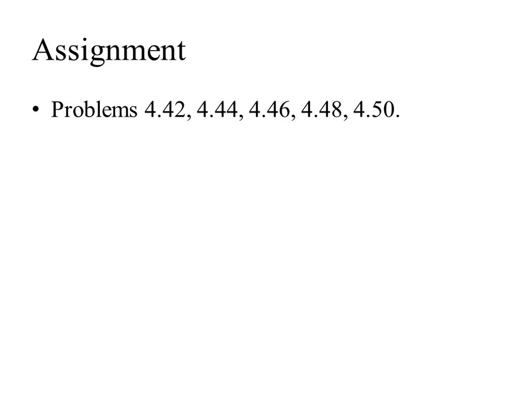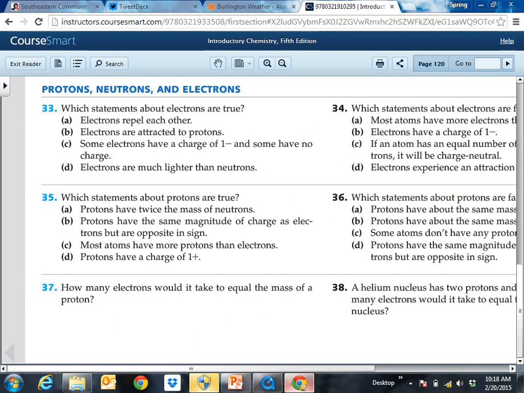Okay, so these are due. Should be pretty easy to pull these up now. 42, 44, 46, 48, and 50. And you know how your textbook is, if you don't quite know how to do that, we'll look at the odd ones. Those are due Monday too, yeah.